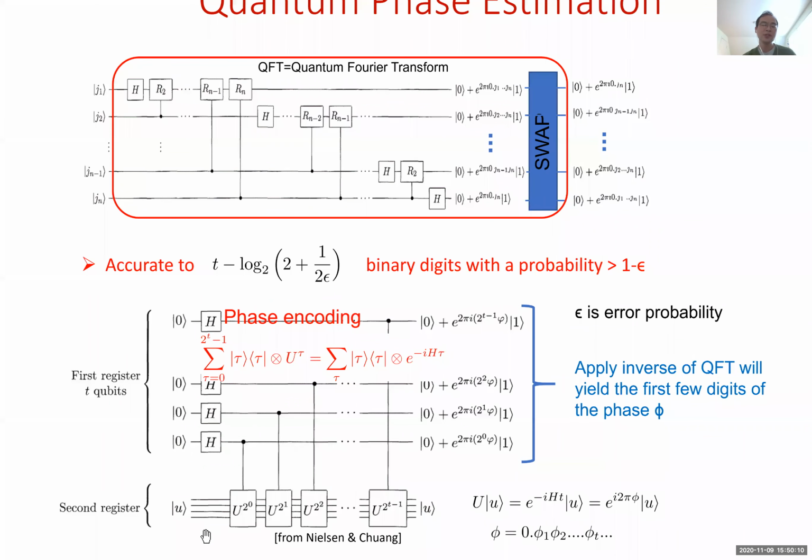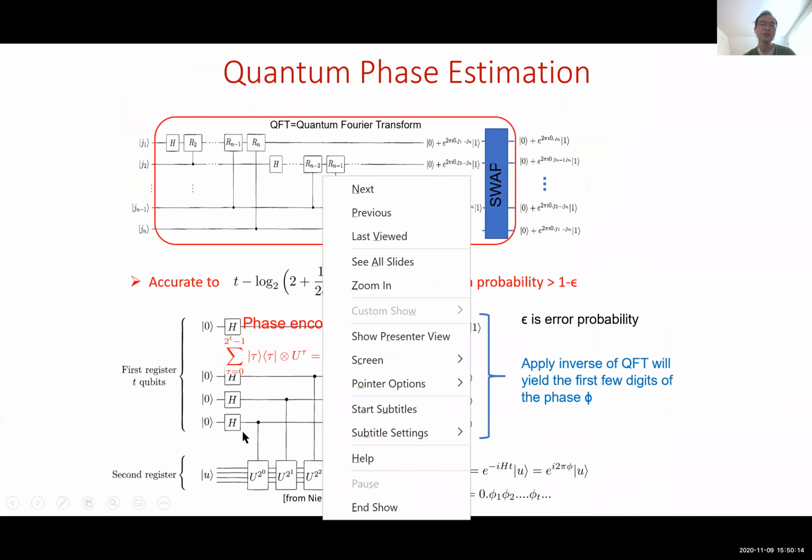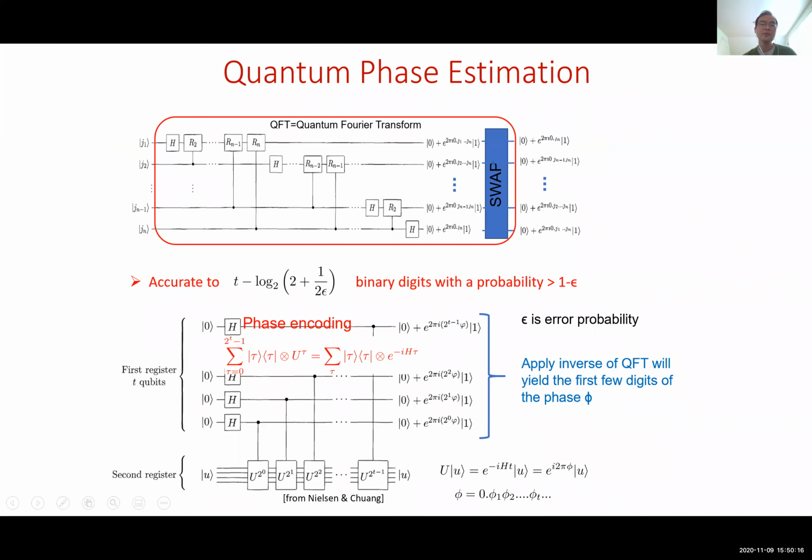And you see this structure of getting the phase encoded. If you're a physicist and you like to think of this as an evolution in time, there's a t here. This is like a conditional evolution. If I have time equal to 0, I don't apply anything.